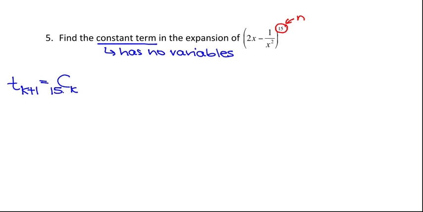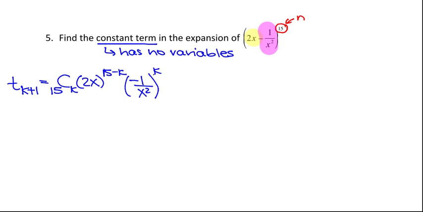We know that this is our n, times a, and a is represented by 2x. So 2x to the power of 15 minus k. And then b, which is represented as negative 1 over x squared to the power of k.